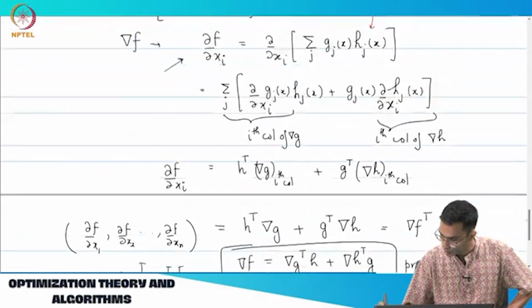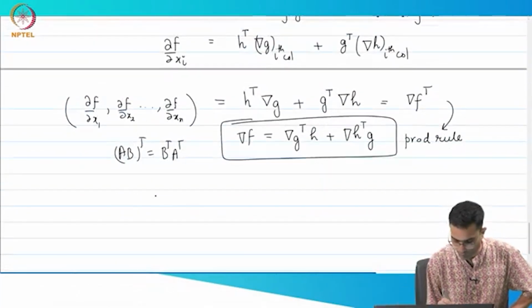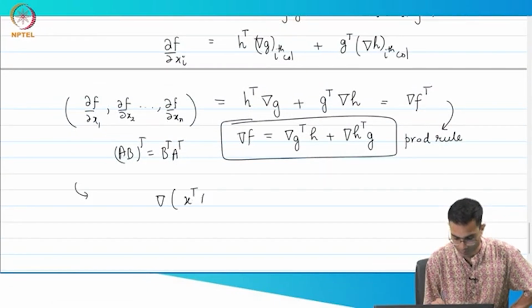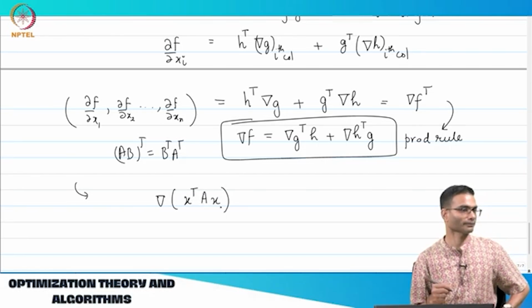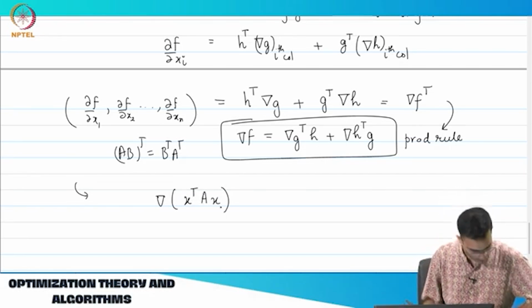So what is the term that we are looking at now? We wanted to find, coming back over here, grad of x transpose Ax. This is what I wanted to find out.